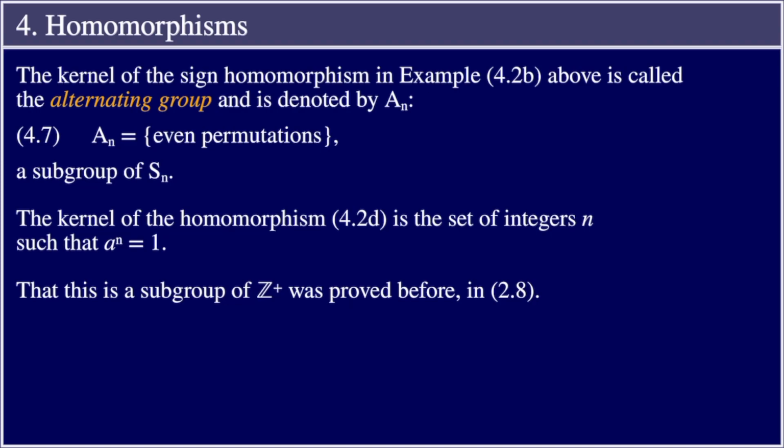The kernel of the sign homomorphism in example 4.2b above is called the alternating group and is denoted by A_n. 4.7. A_n equals the set of even permutations, a subgroup of S_n. The kernel of the homomorphism 4.2d is the set of integers n such that a^n = 1. That this is a subgroup of Z+ was proved before in 2.8.